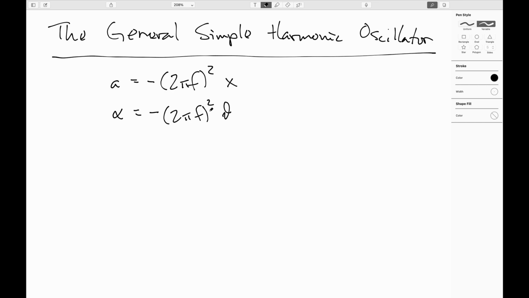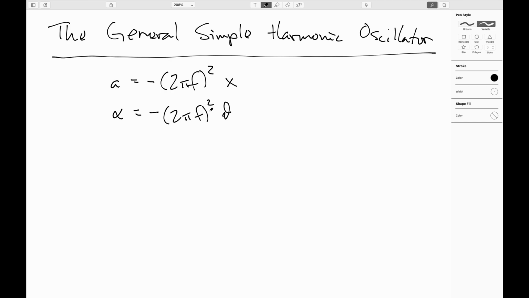If you see something that is the time rate of change of something, which in turn is the time rate of change of something, so the acceleration is the time rate of change of the time rate of change of position, if you ever see that on the left side of the equal sign, you have a minus sign, and then you just have the thing on the right side, whatever the stuff is in between, that is going to be 2 pi f squared, and the system you have is some sort of simple harmonic oscillator.